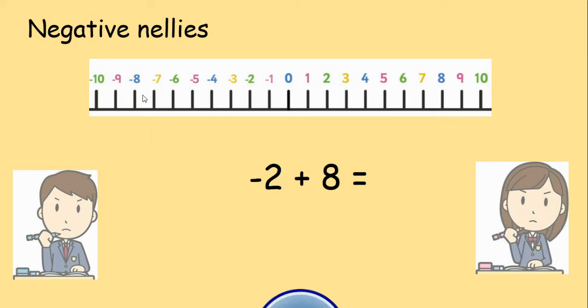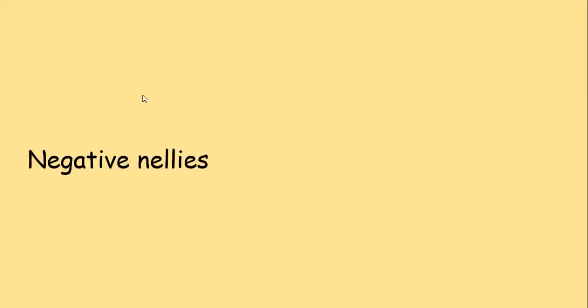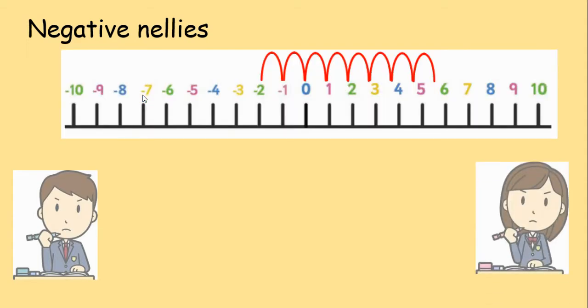Let's have another go. Negative 2, add 8. Press pause now to work out your answer, and then press play once you are ready to continue. Great work, Year 5. I'm going to start with negative 2.